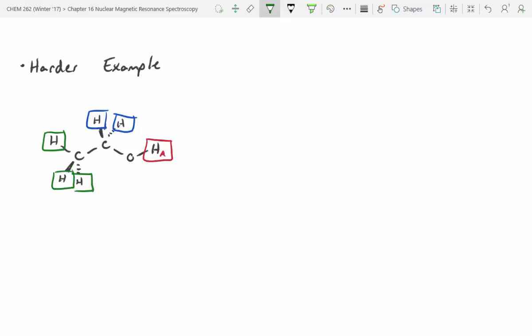So in this case, we've got 3 unique proton signals that we should observe in our NMR spectrum.